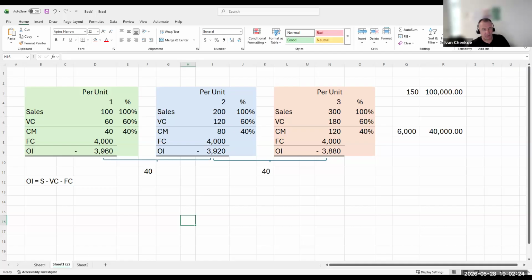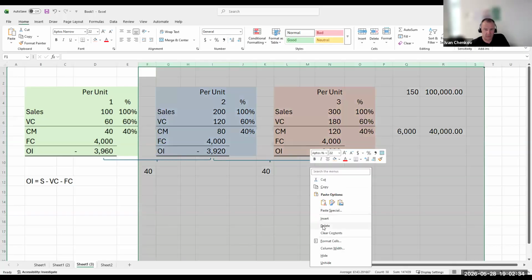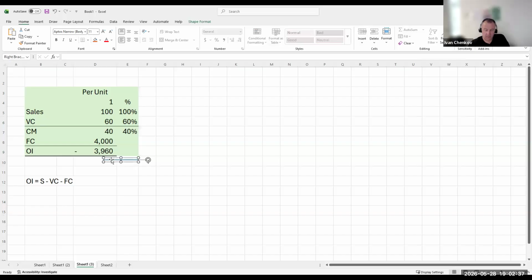Once we open our company, what do we want? Let's say this is original data, but I erased those now. This is my original data per unit and unit only. At this point, I can easily conclude if I sell one unit, I'm losing money.